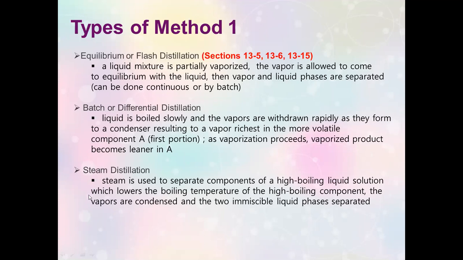In the still itself, you have steam already inside at the bottom. This is used only when your feed has high boiling liquid components, so that the use of steam lowers the boiling temperature of the high boiling component, meaning you can do the separation in less time, with the added energy in the form of steam.